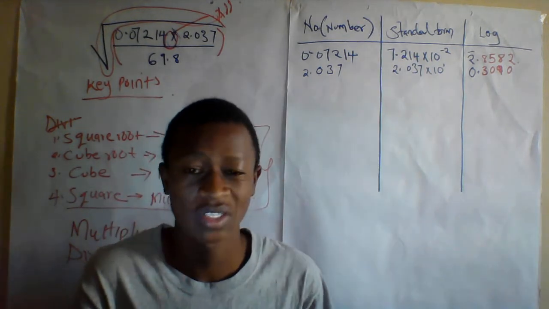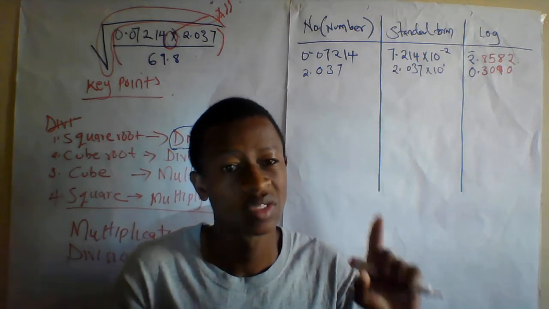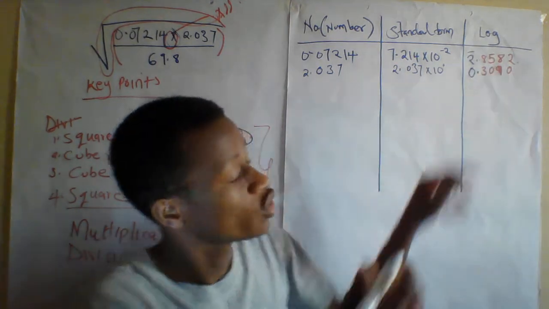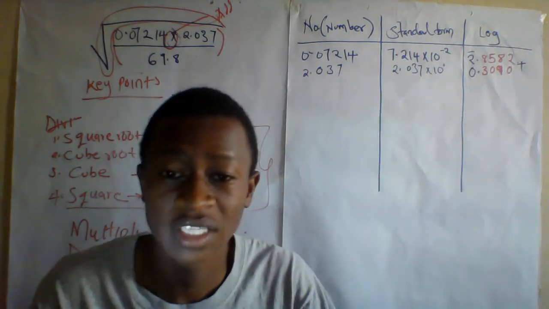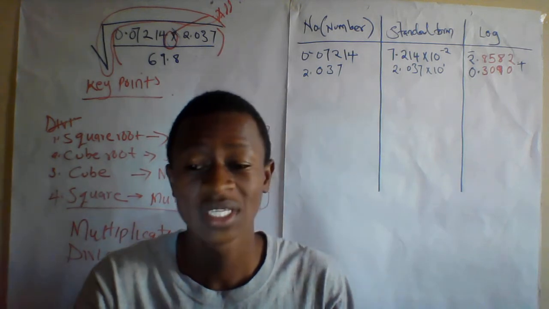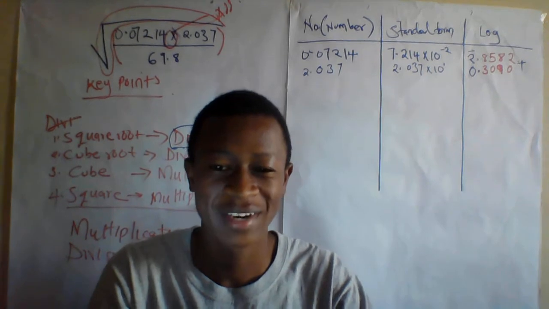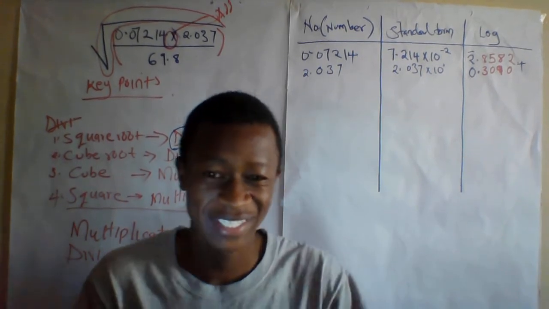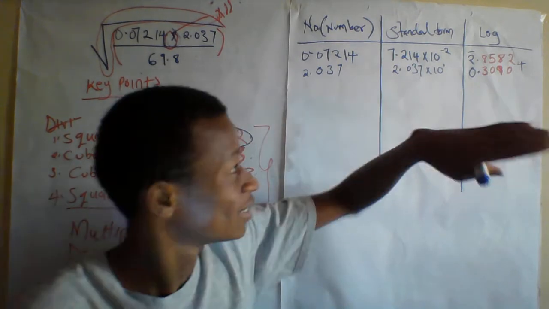Yes, it is the shortest way, but ensure you work step by step so that you get the correct answer. Here, when you are doing your addition, don't use a calculator, my friend. Just work it out in a manual way, or sometimes we might call it the kienyeji way, that manual way, so that you get your answer.